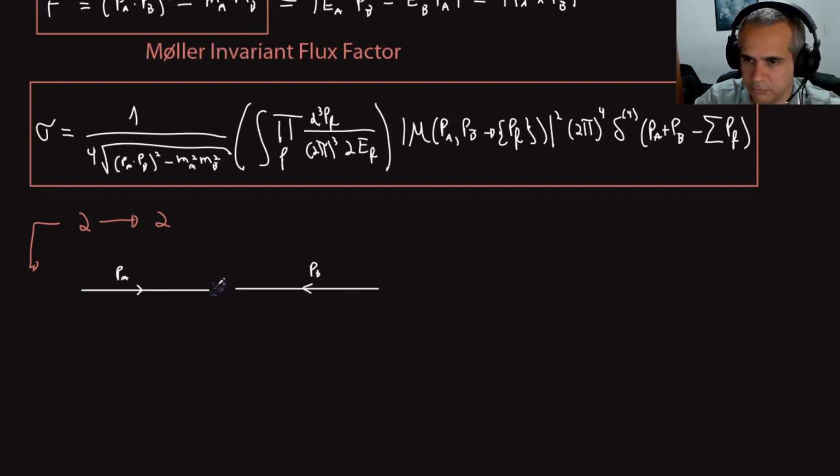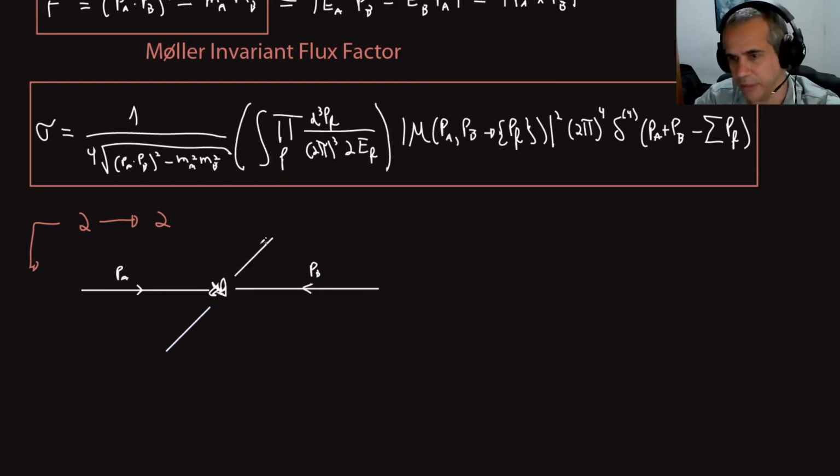Interaction happens here, and then I have an outgoing P1 and P2. This should be back to back, but I cannot draw. I went to the center of mass reference frame here.